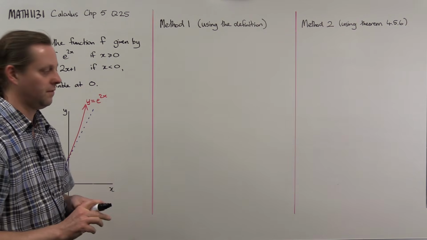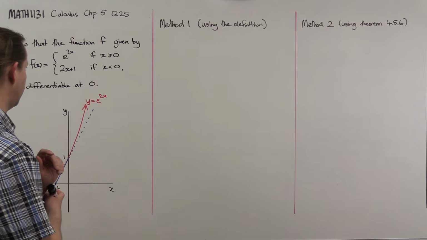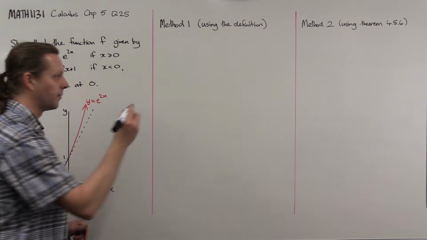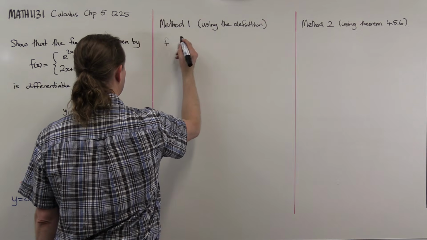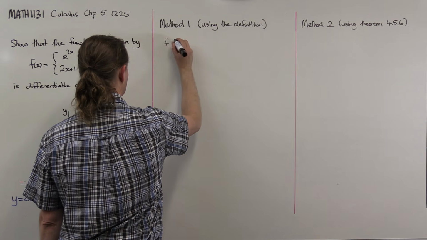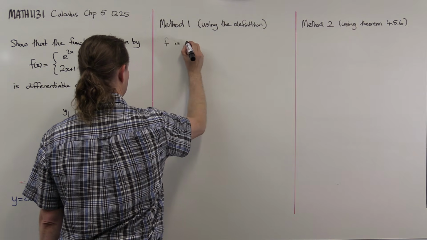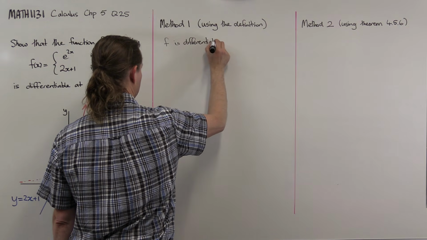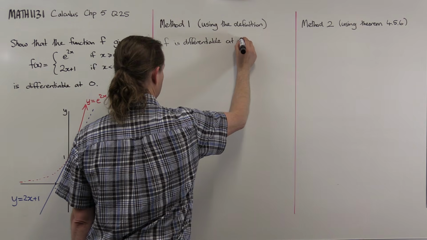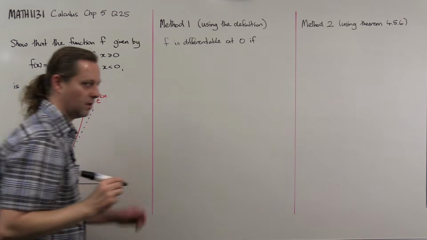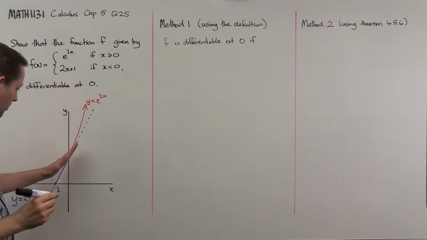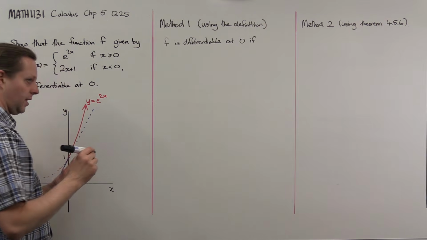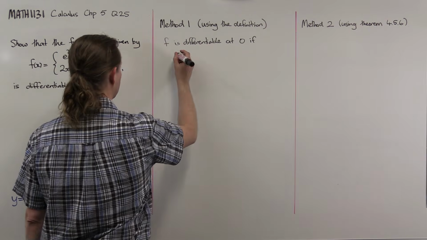Okay, now you can look up the definition in the notes, the definition of differentiable, and I'll just write down what it is for f to be differentiable at 0. So f is differentiable at 0 if you can put a good tangent line there, and the way that that's expressed is to say that you can work out the slope that tangent line would have to have using a limit, and that limit must exist.